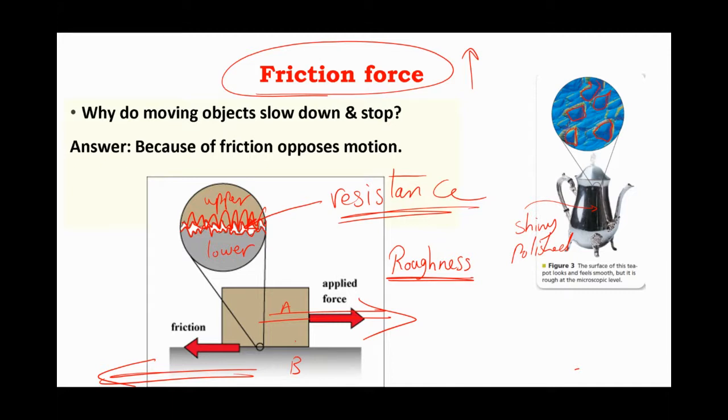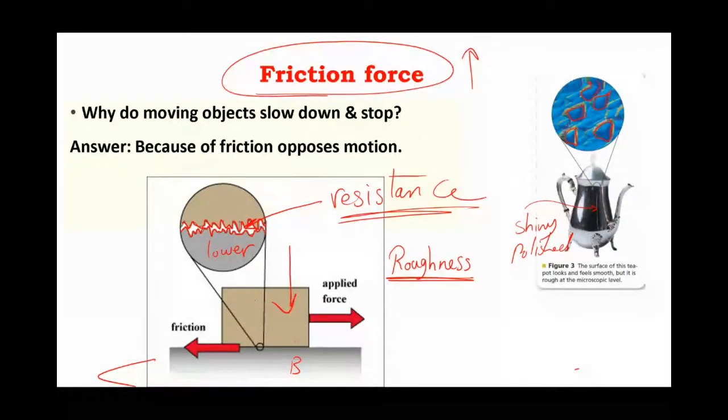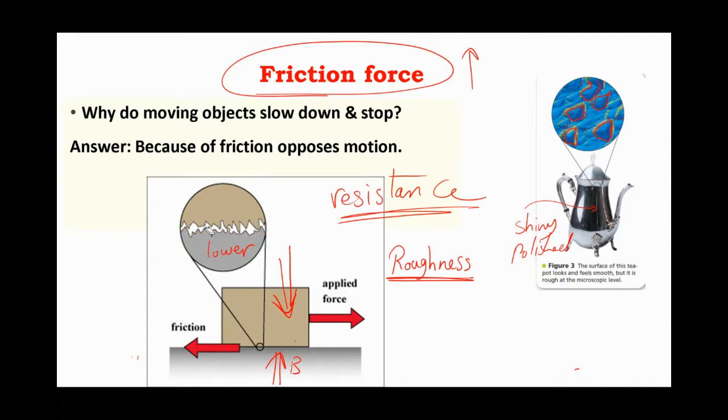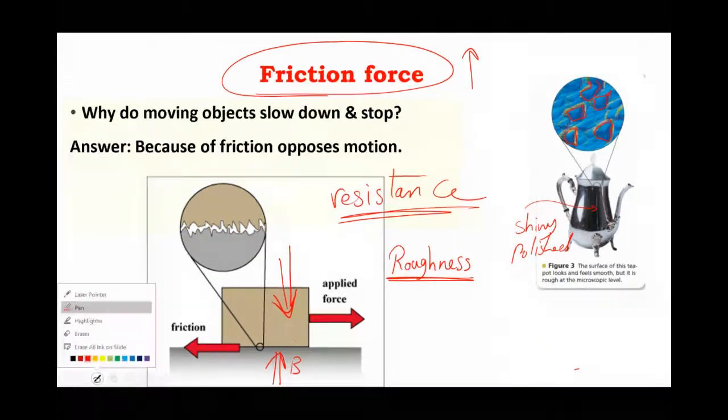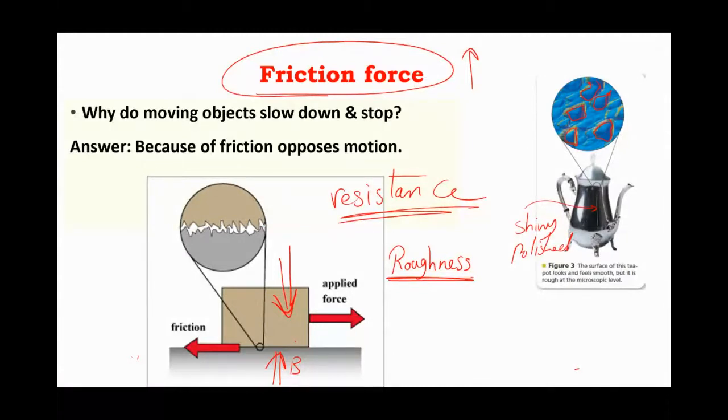What else? Also, if you push the two objects against each other, like if you push them with a force against each other, this will increase the friction force. Why is that? Because you allow those irregularities to enter and be closer to each other more and more.